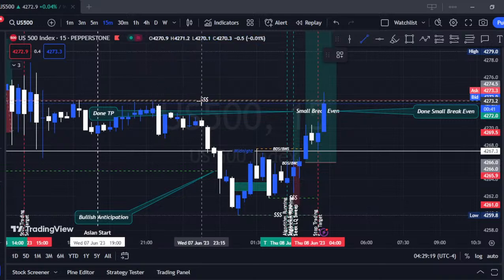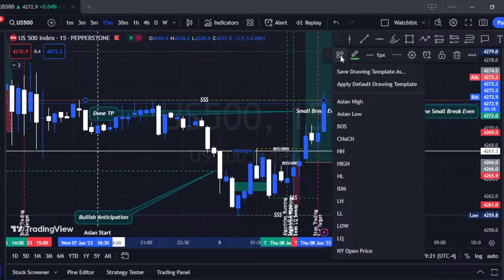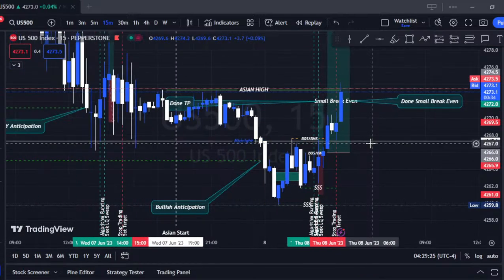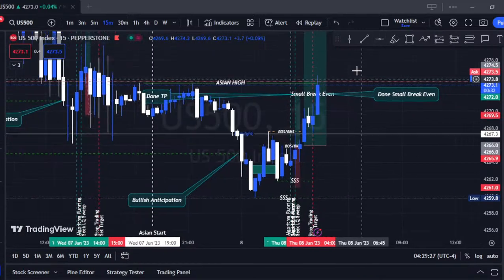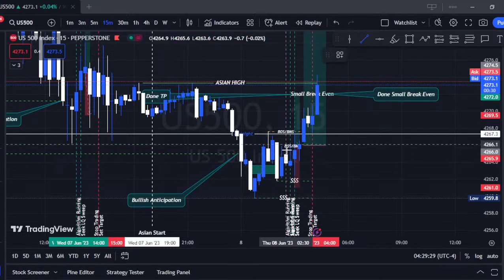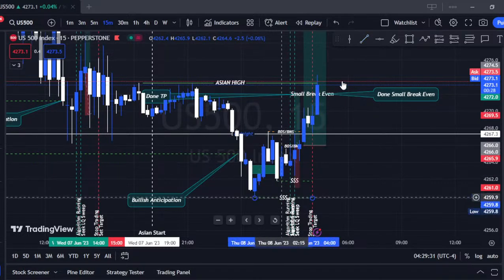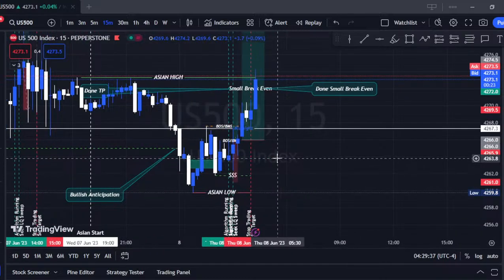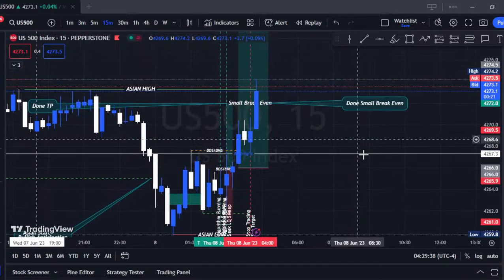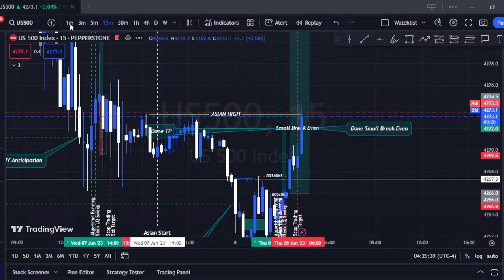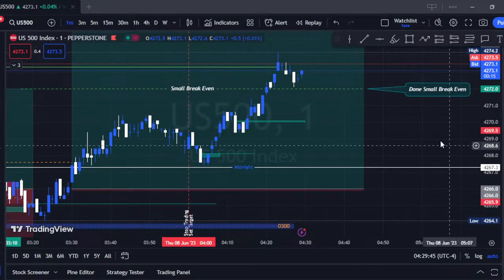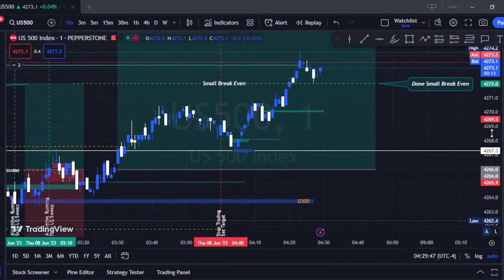Oh, it's just this liquidity, Asian high, and the low is here. Ah, this is Asian low, I guess. Okay, that makes sense. So what do you think? Is the price gonna reverse now after it took out the Asian high?